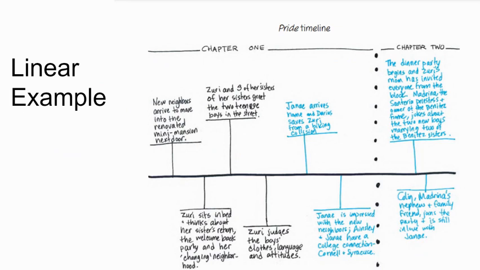Here's a linear example of a story called Pride. This is event 1, this is event 2, event 3, event 4, and so on. You notice that there is a descriptor or a label for which chapter it's happening in. So linear just means that the first thing, the second thing, the third thing, and the fourth thing. That's like a timeline, basically.